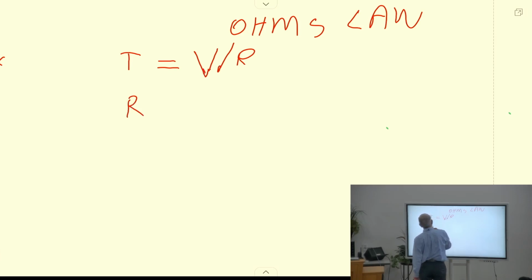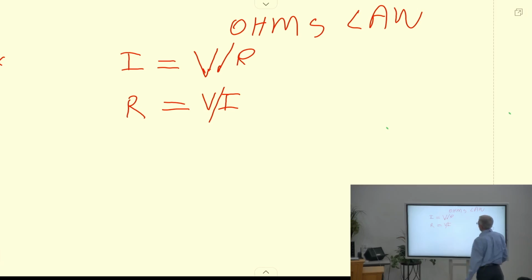So resistance equals voltage divided by current. Right? That's coming out of this same equation; we just solved it for resistance. So if I want to know the resistance of my circuit, I measure the voltage and the current, and I can compute what the resistance is of my circuit.